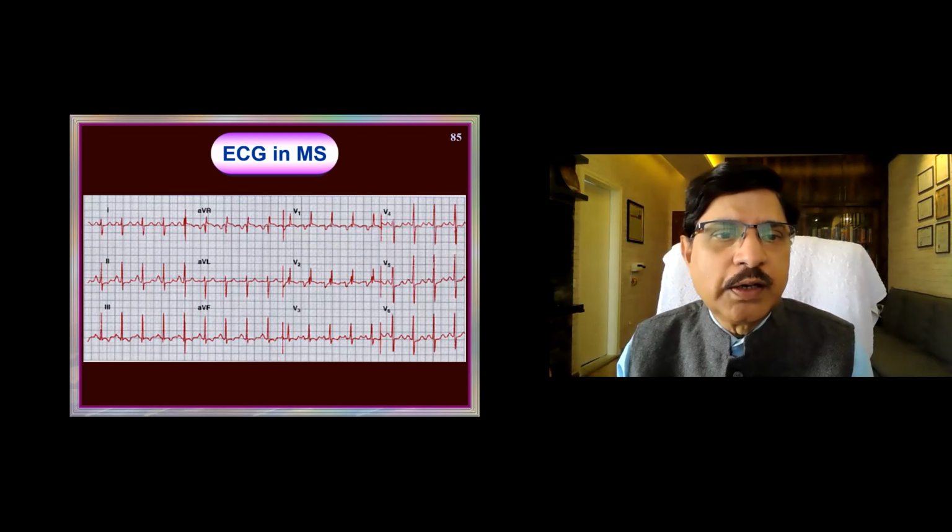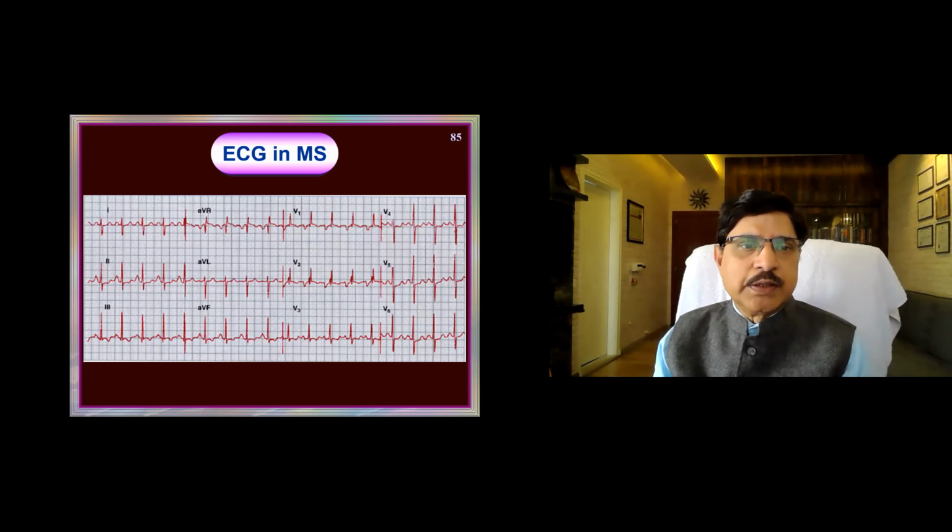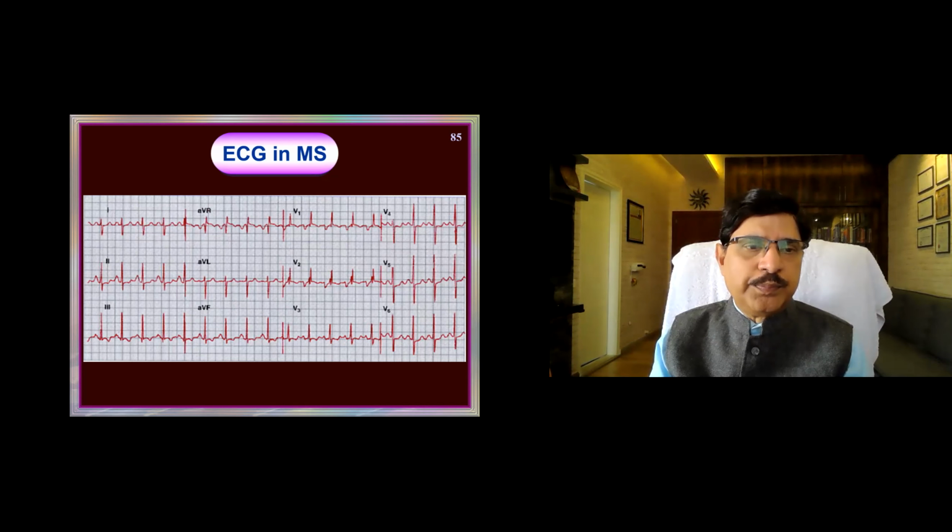How do I know that? There is a P wave there, which is very prominent in lead 2, which tells me there is a right atrial enlargement. And look at V1, the left atrium also is very prominent, deep component of the left atrium, and R by S is very tall, so there is a right ventricular hypertrophy.